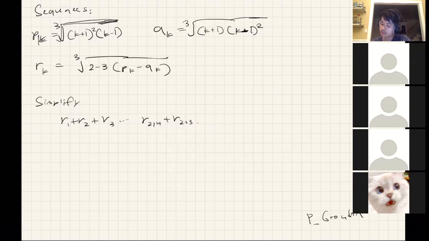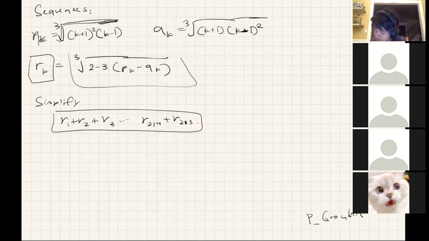And the third sequence is defined such that the kth term looks like this. Okay, so your goal is to simplify the sum of the first 2,215 terms of this sequence over here.